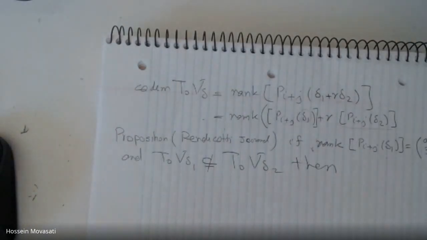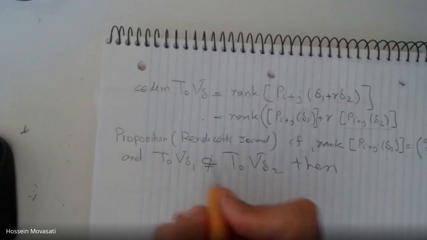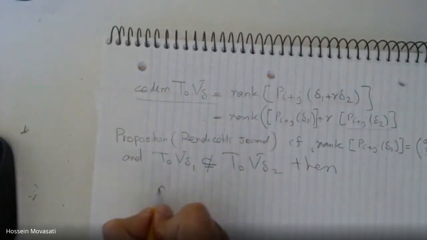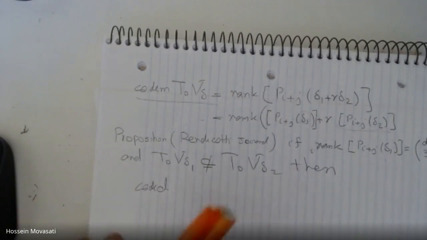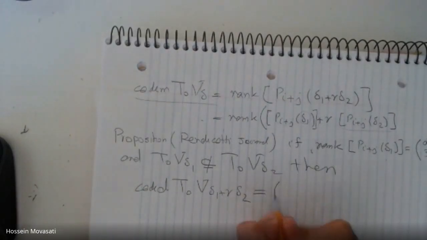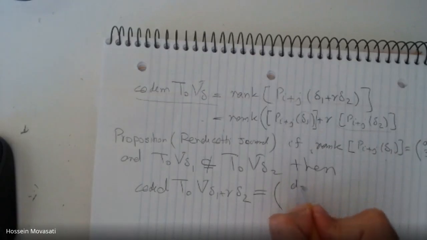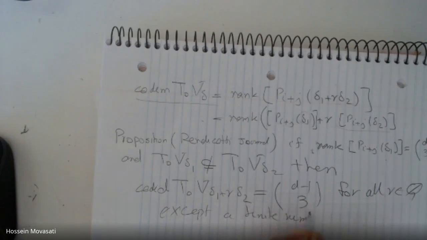Then the codimension of T0 V delta 1 plus R delta 2 is the maximal one for all R except a finite number.